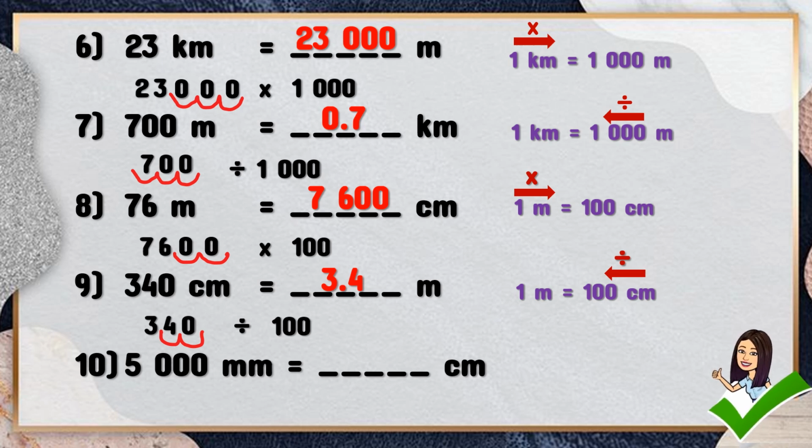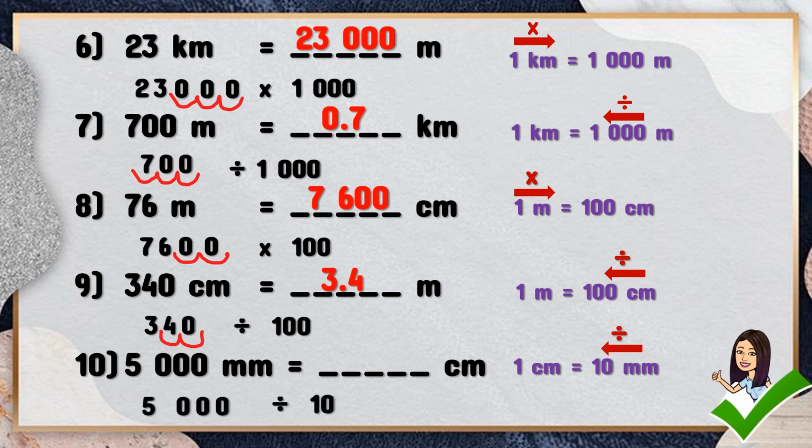And for number 10, last number, 5,000 millimeters to centimeters. And 1 centimeter is equal to 10 millimeters. Since this is small to large, we use division. So 5,000 divided by 10. And we move the decimal once, since this is 10. So from here, 1.